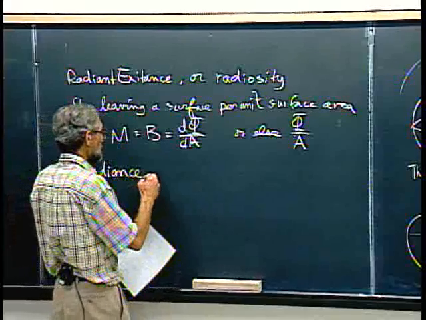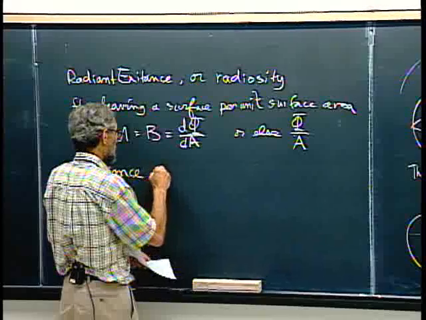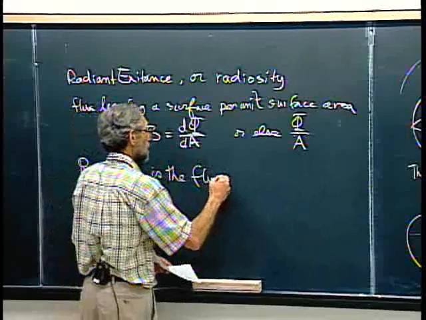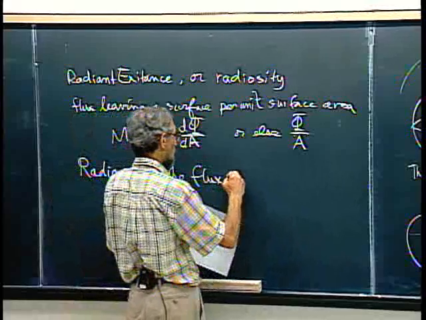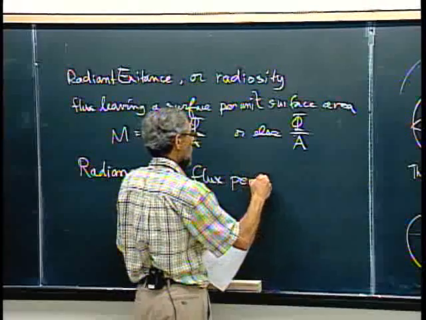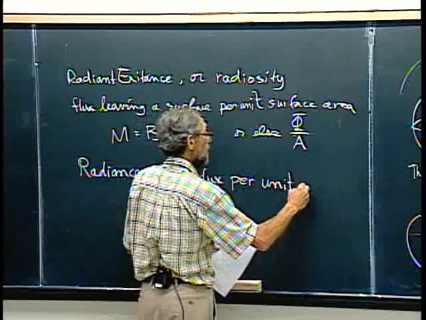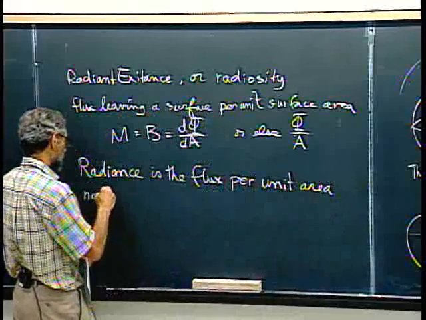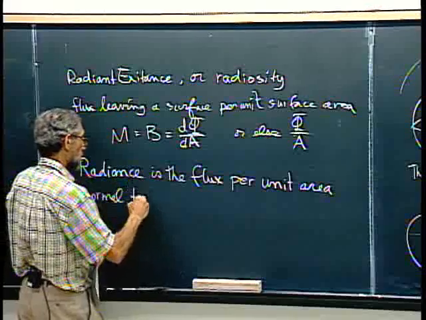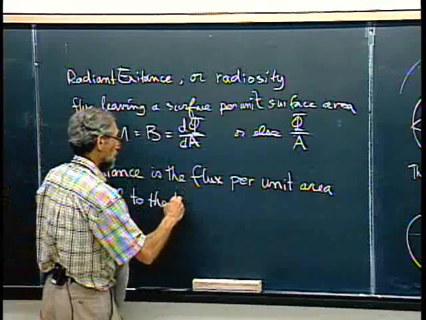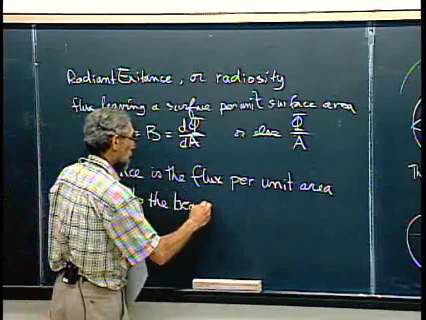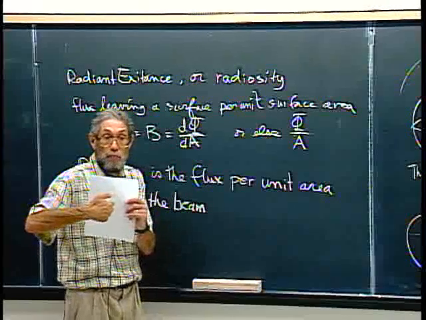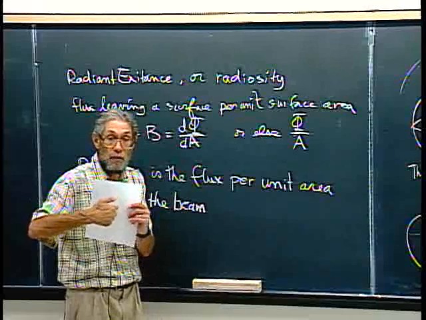So the radiance is the flux per unit area, say normal to the beam. So I always want to measure the flux per area normal to the beam.